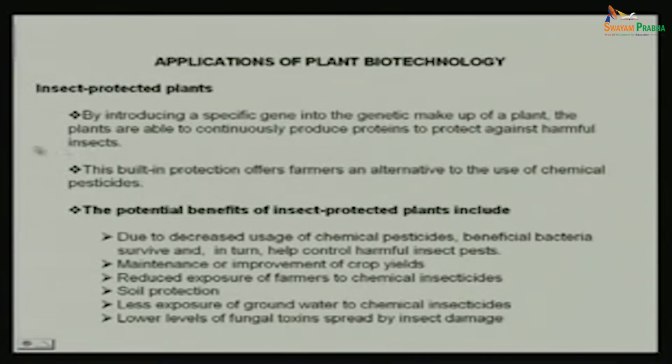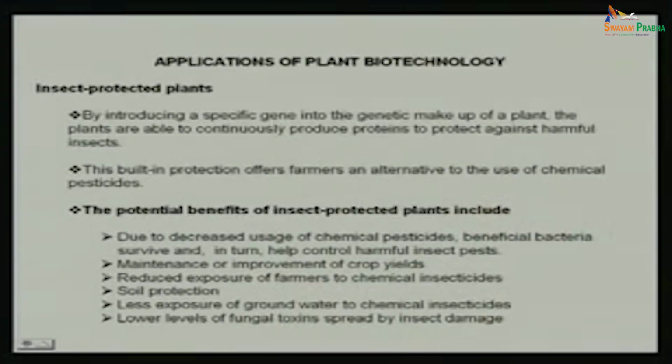Now, when we are talking about insect protected plants, what are we doing? We are introducing a specific gene into the genetic makeup of a plant, and that plant is able to continuously produce a protein to protect itself from harmful insect bites. Say, for example, Bt toxin. Bt toxin is produced by Bacillus thuringiensis.